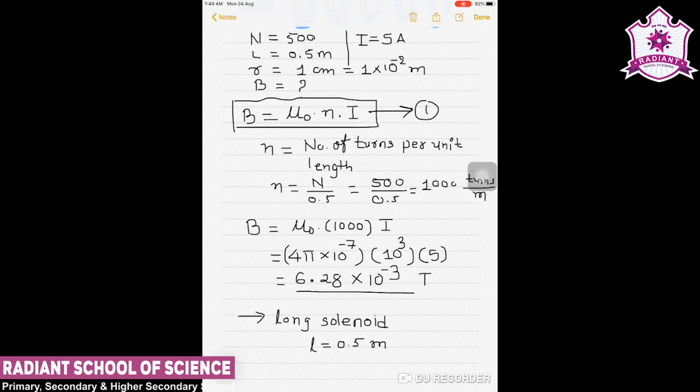The radius will be about 1 centimeter. So if r is 1 centimeter, then the ratio L over R turns out to be about 50. That means the length is about 50 times the radius, and therefore we consider it a long solenoid. So this is the question 4.9 and its solution.